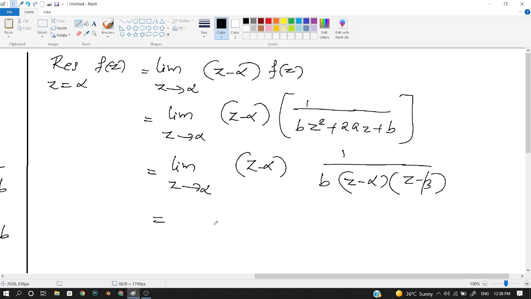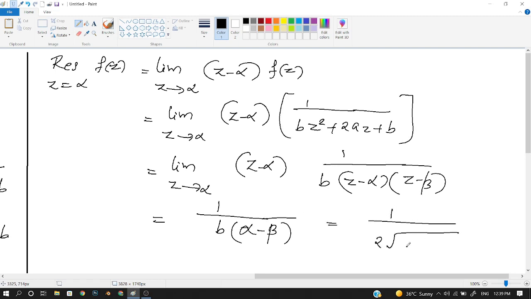So this is equal to 1 by b into alpha minus beta. Now you can substitute for alpha and beta. So the answer is 1 by 2 into square root of a square minus b square.